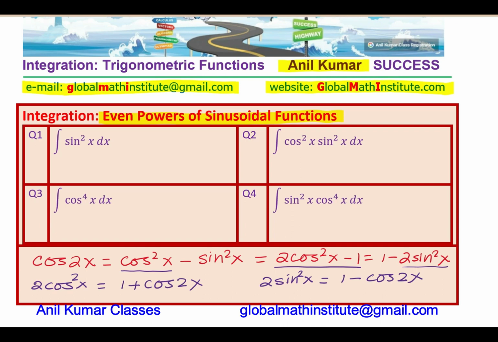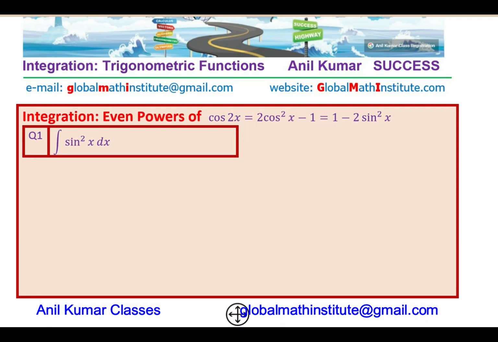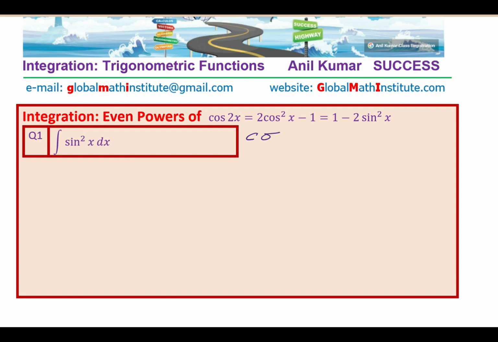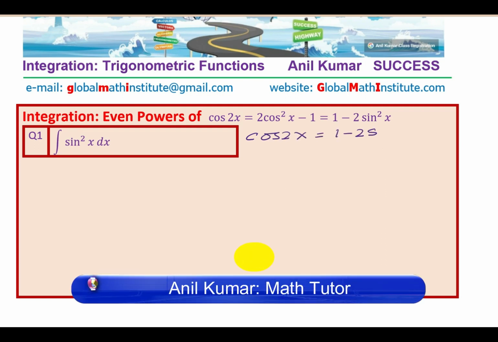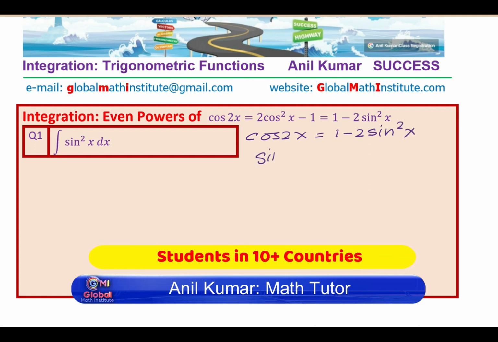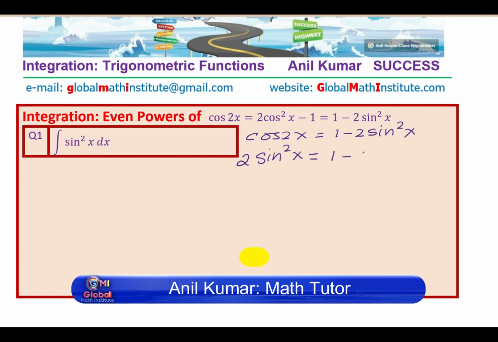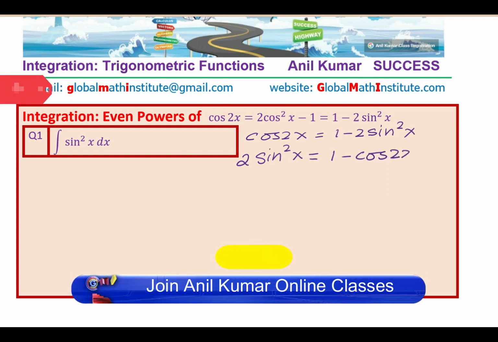So let's begin with the very first question, which is integral of sine square x dx. As I said, we know that cos 2x is equal to 1 minus 2 sine square x, and so 2 sine square x is equal to 1 minus cos 2x, rearranging.